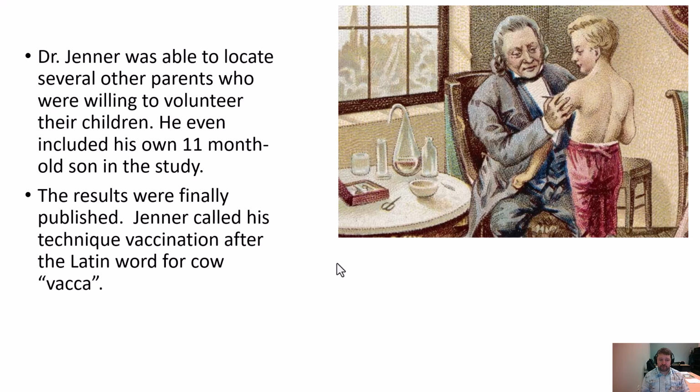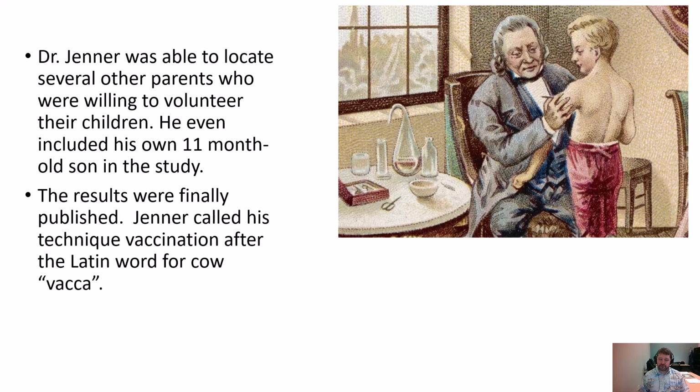And in fact, vaccination, the root of it is vaca, which means cow, and that's where the word vaccination came from. Okay? And many of you probably have family members that were born in the 40s, 50s, 60s.